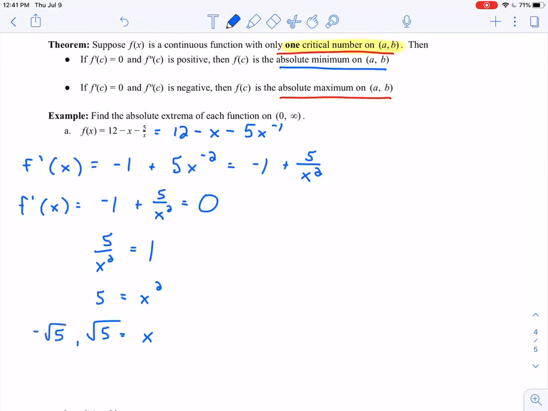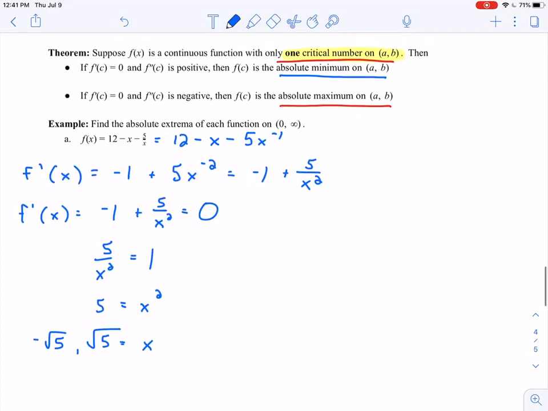Which seems bad, because our whole theorem here relied on the fact that we had exactly one critical number. And if we have more than one critical number, then all bets are off. But remember the interval that we're working on. We're working on 0 to infinity here. Negative square root of 5, now I don't know exactly what that number is, but I know it's a negative number.